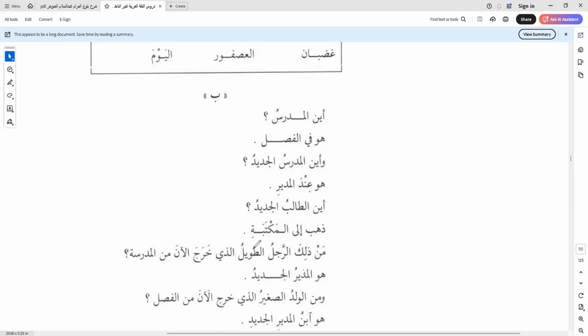Very, very important. ومن ولد الصغير. ولد, boy. ولد, then الولد. Now, الولد الذي. The boy who. Remember, this is for singular and masculine. And it's reserved for what?